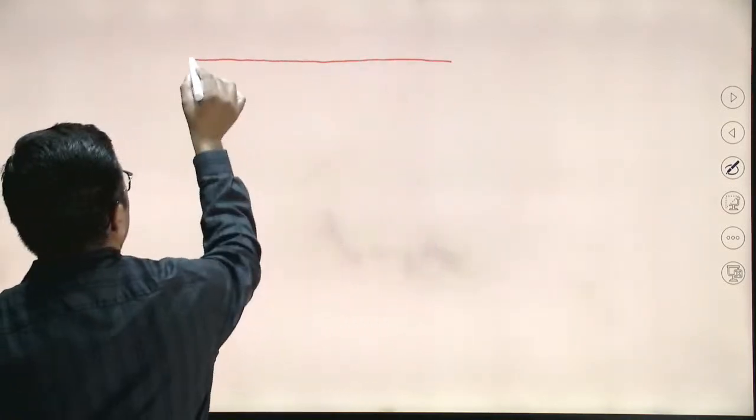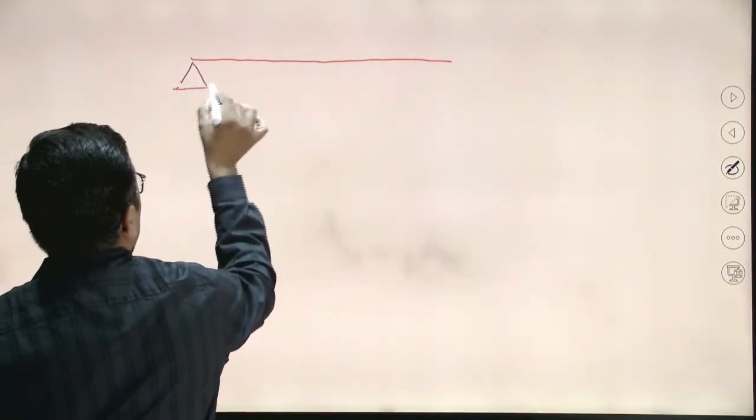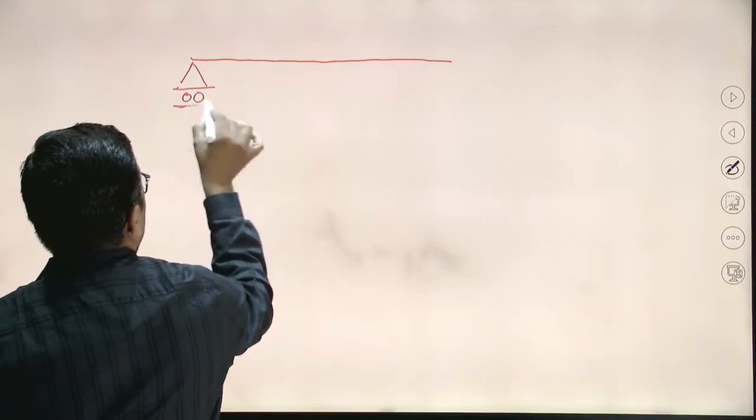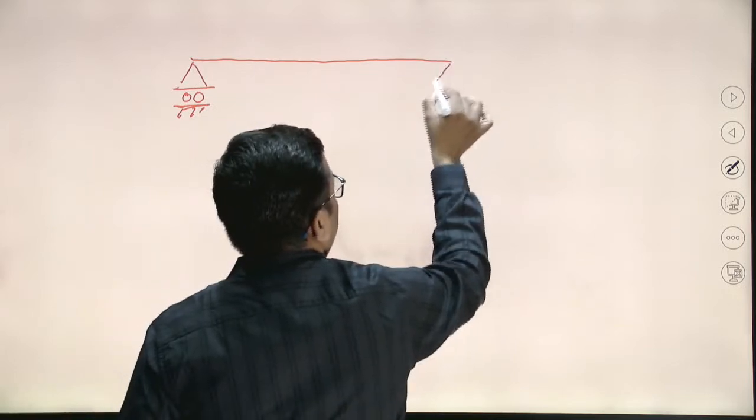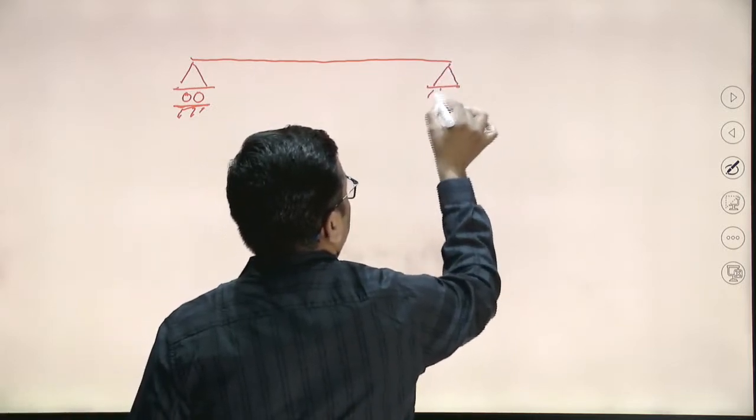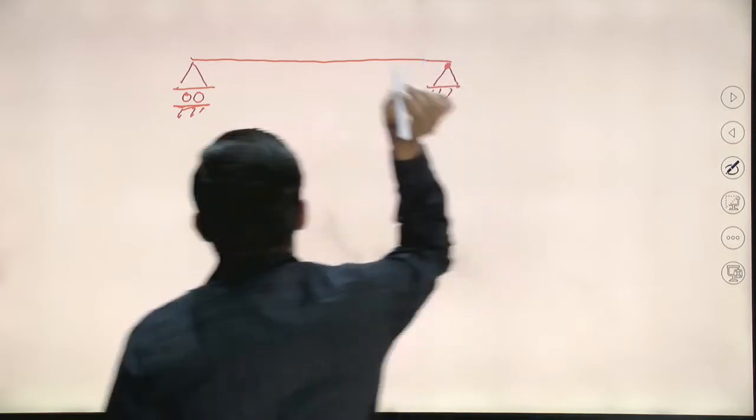There is a beam. At this particular point we have a roller support, and at this point we have a hinge support.